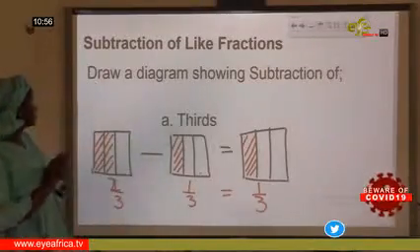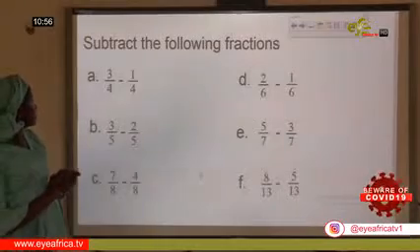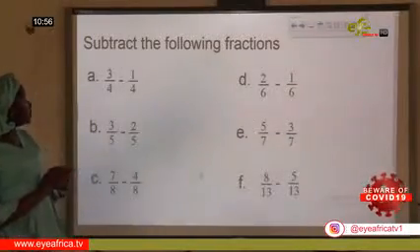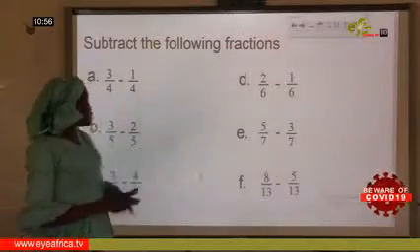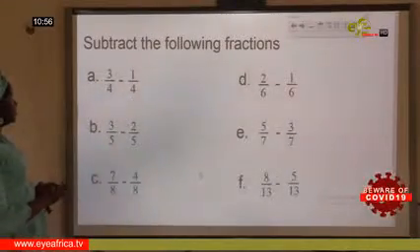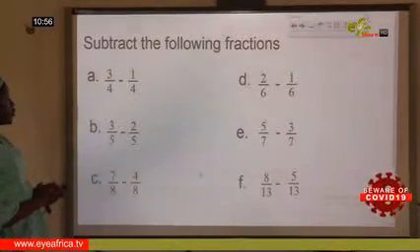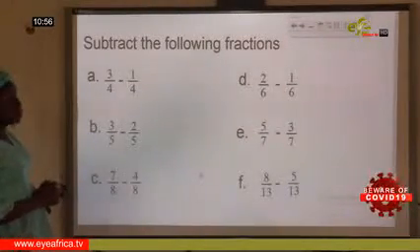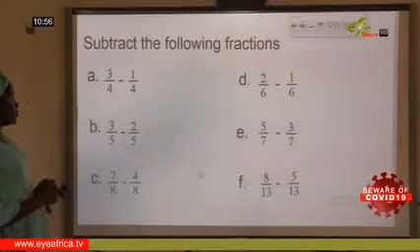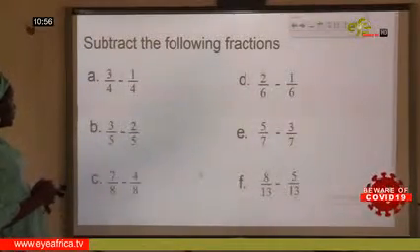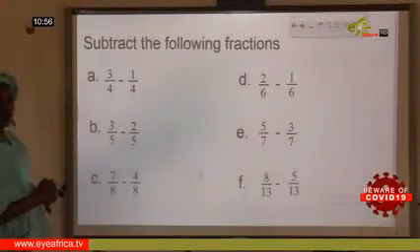But before going, I will leave this assignment with you to look at. Subtract the following fractions. Listen carefully. A, 3/4 minus 1/4. B, 3/5 minus 2/5.